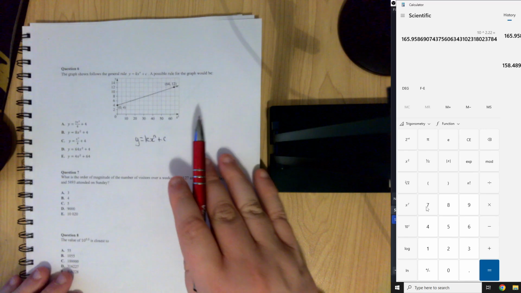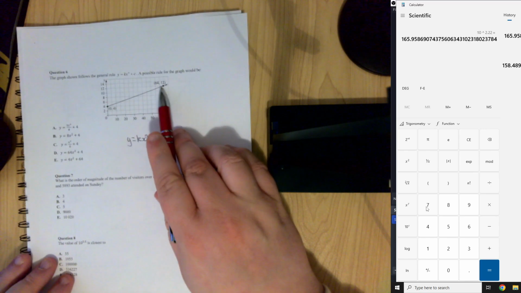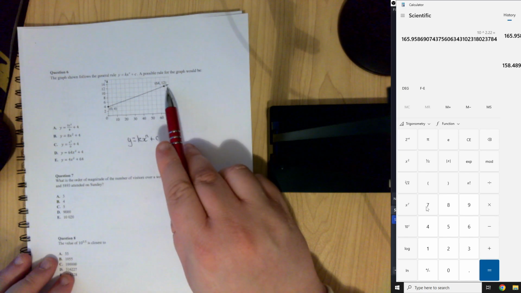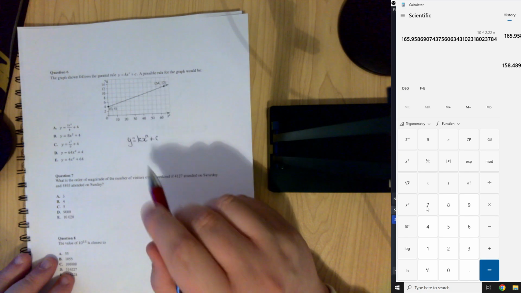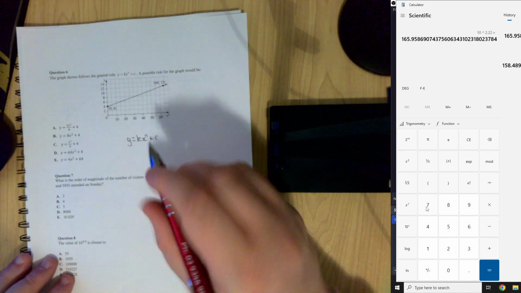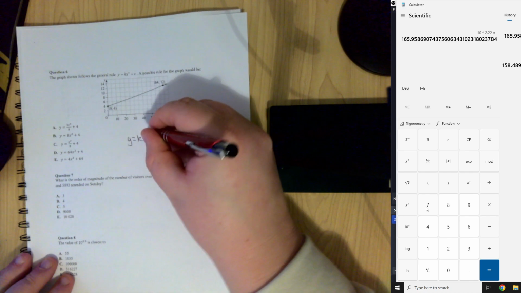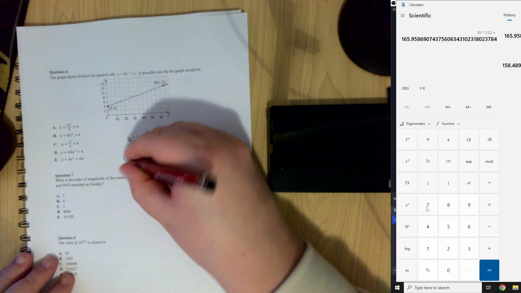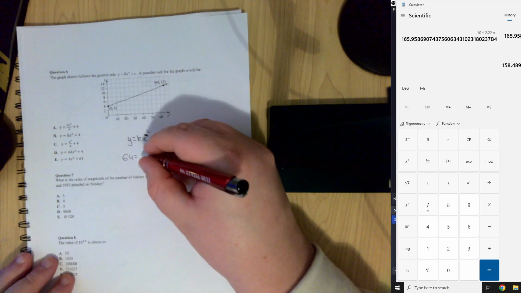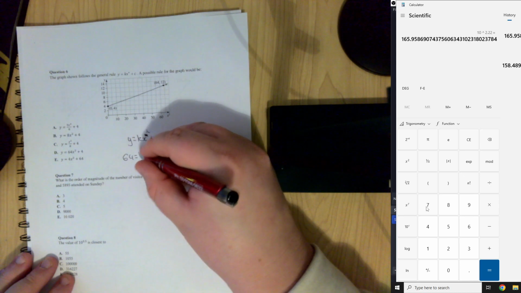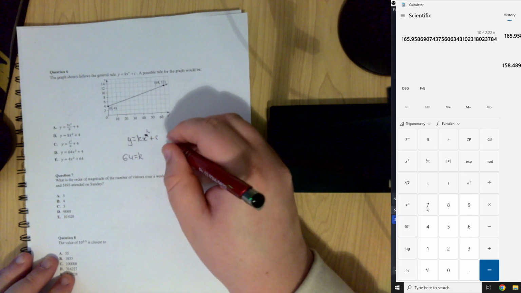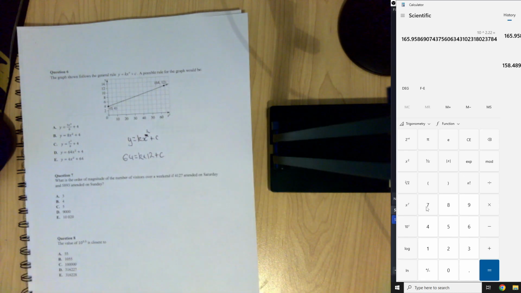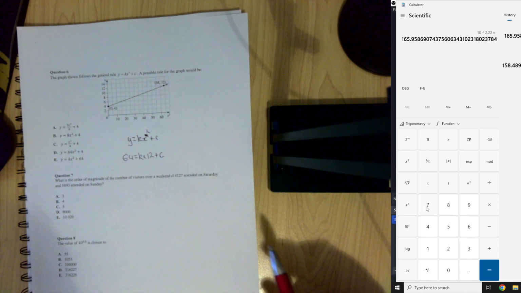So all I'm going to do is take the points x squared being 12 and y being 64, which would give me 64 is equal to k times 12 plus c. Okay, so we've got that.